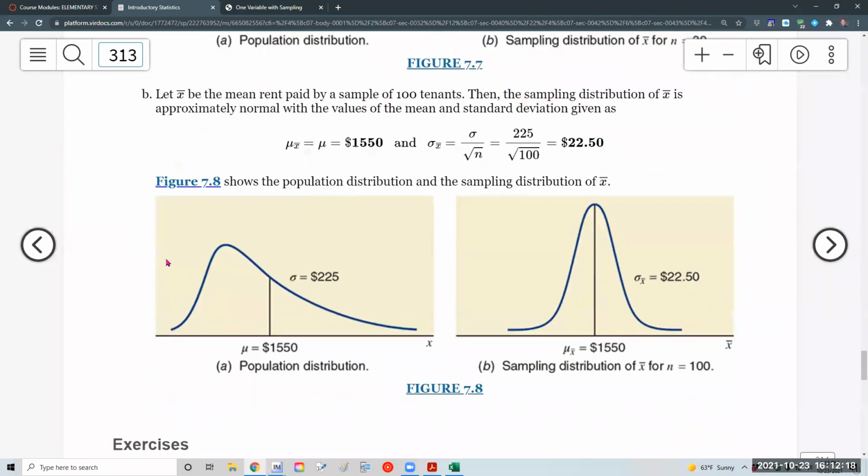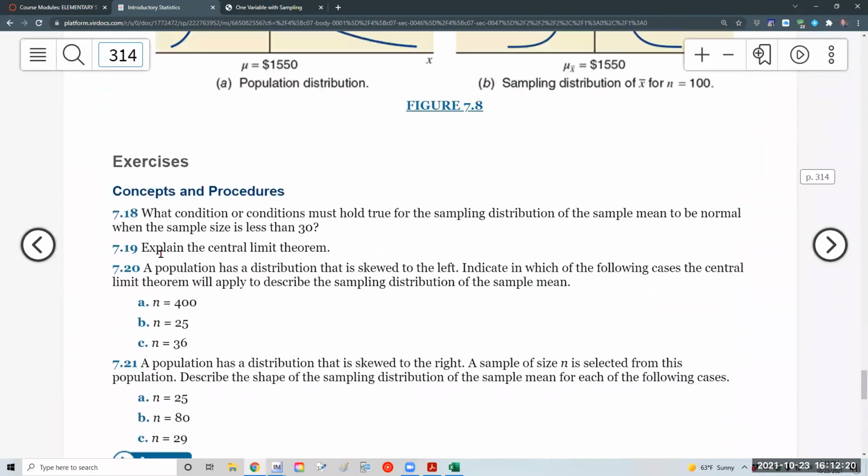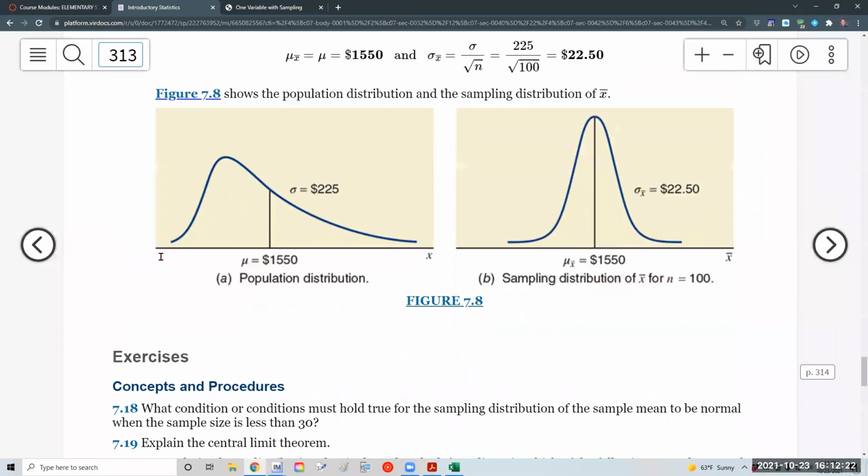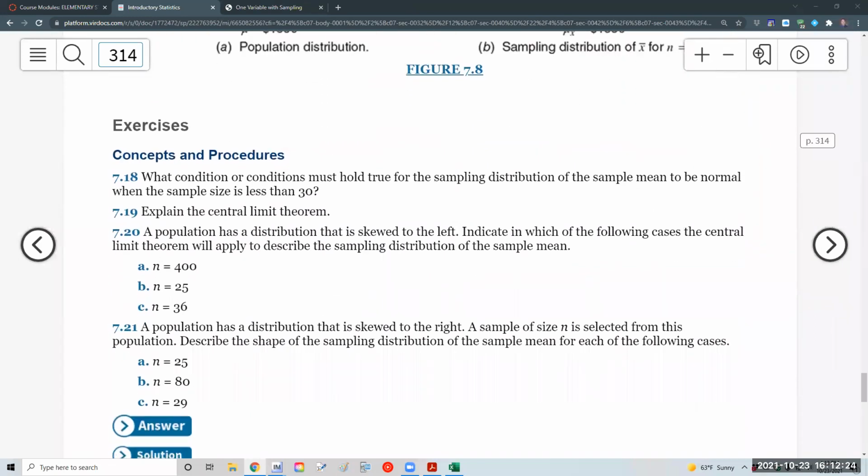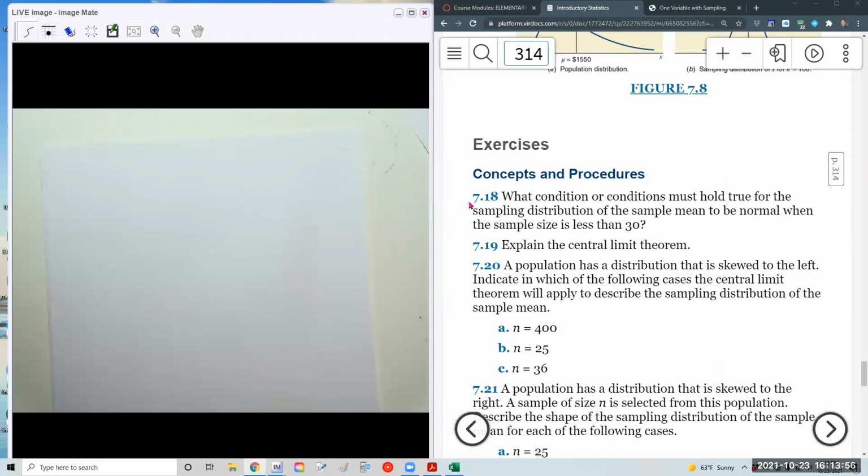There's some examples, and I think just one example, but let's give you some examples by doing some of the exercises here. All right, 7.18 here says, what condition or conditions must hold true for the sampling distribution of the sample mean to be normal when the sample size is less than 30?